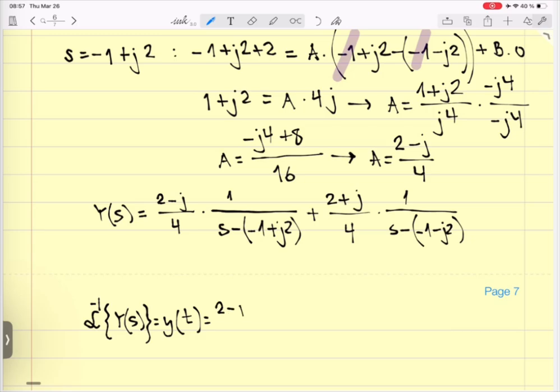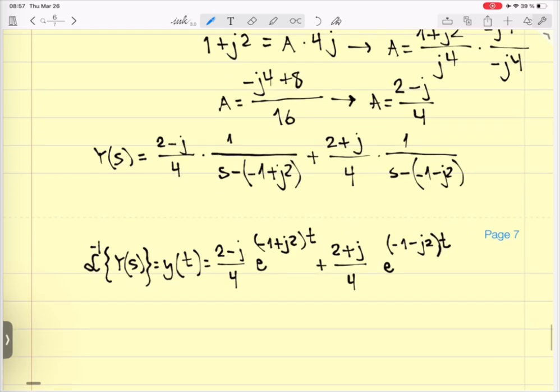So (2 minus j) divided by 4 times e to the (minus 1 plus j2) times t, plus (2 plus j) divided by 4 times e to the (minus 1 minus j2) t. Okay. This is the complete solution.